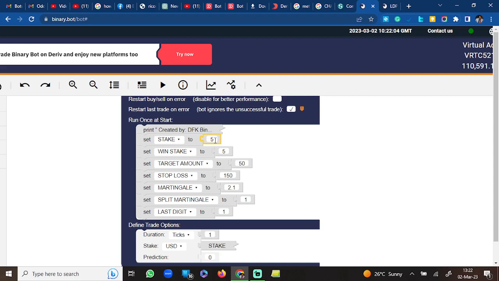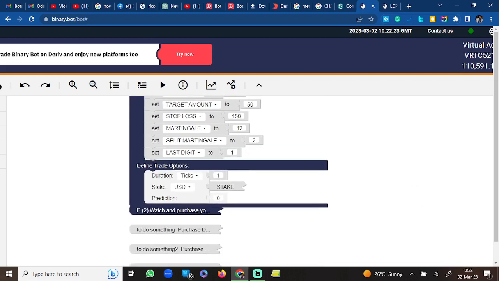I always like 5.1, so that it pays us 0.5. Then the martingale is going to be 11 or 12. Then you can have the martingale done twice, so that it doesn't go so quickly.